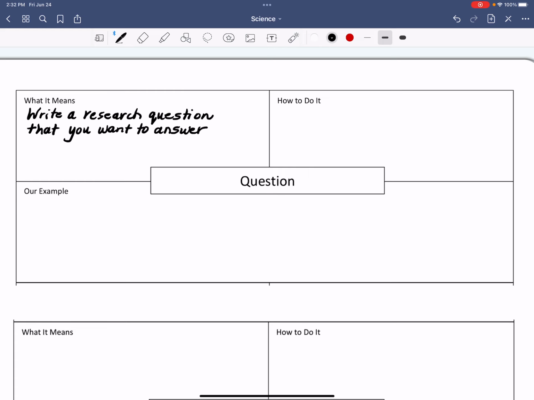And how to do it. You start this process with observation. You observe something, and remember that can be see, smell, taste, touch, or feel around you. That leads you to a question.